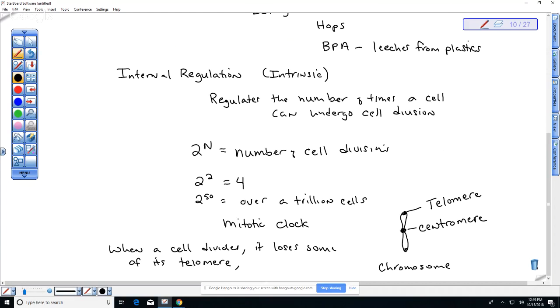When no telomere is left, the clock has counted down. So when none is left, the cell can no longer divide. The cell cannot divide.